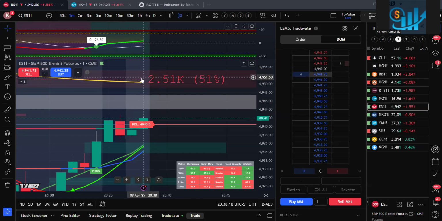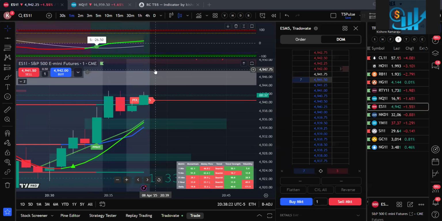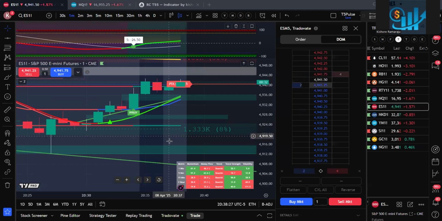In case it goes here, you can add one more position, because here there are some buy orders.